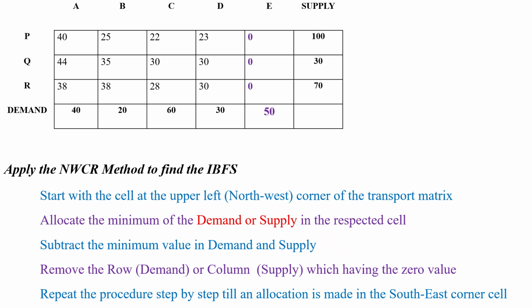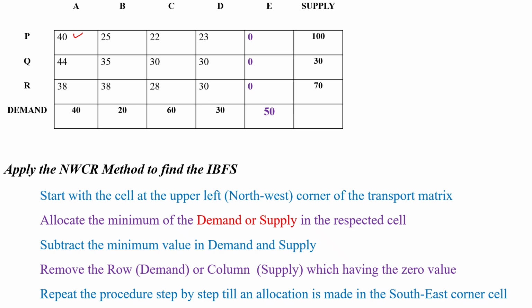Next, apply the northwest corner rule method to find the initial basic feasible solution. This method starts with the northwest corner of the transportation matrix. So this is the northwest corner, that is the upper left corner of the transportation matrix. Here we have to allocate the maximum possible allocation, which means the minimum of the demand or supply.